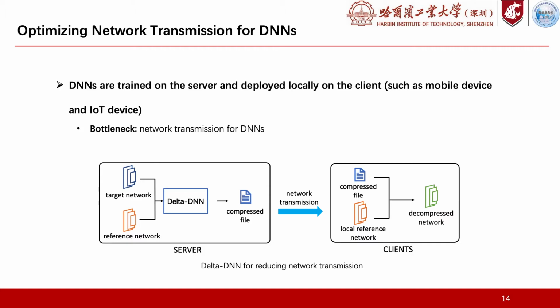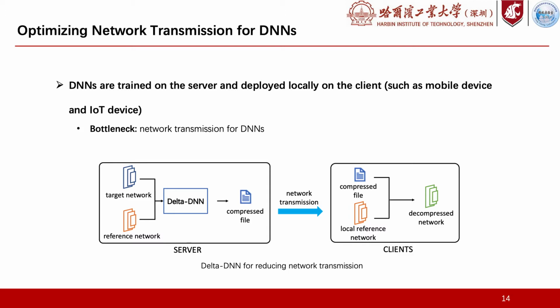Here we introduce two typical application scenarios for compressing DNNs using Delta-DNN. First is optimizing network transmission for DNNs. We consider a popular way that DNNs are trained on the server and deployed locally on the client, like mobile devices and IoT devices.